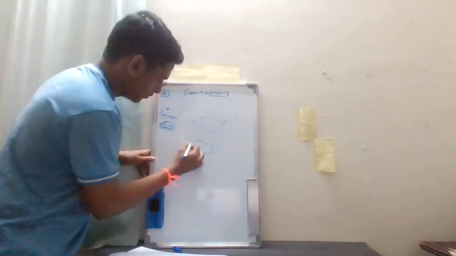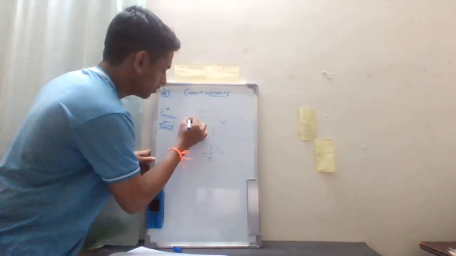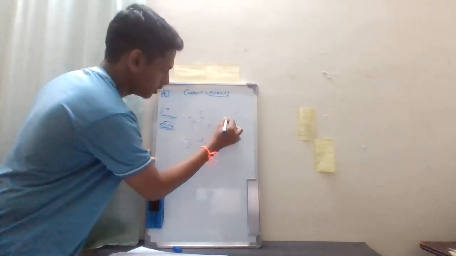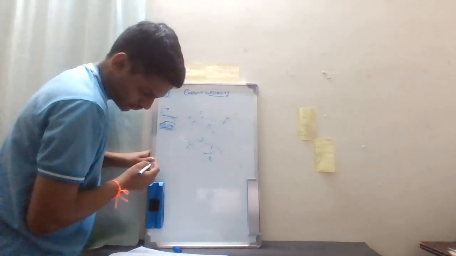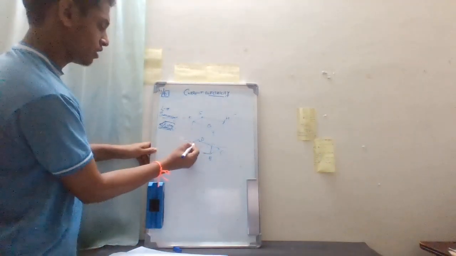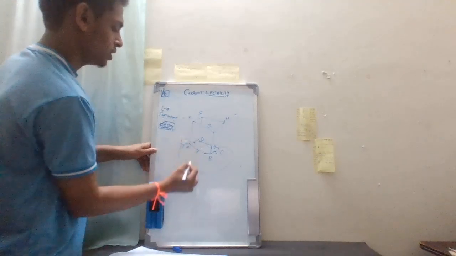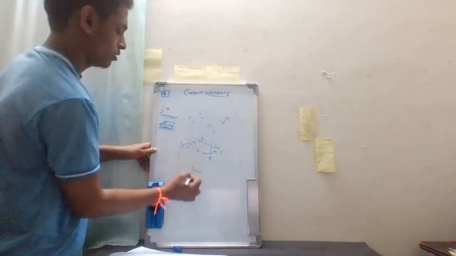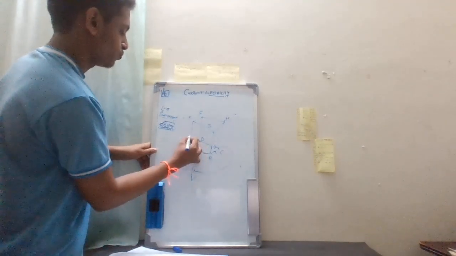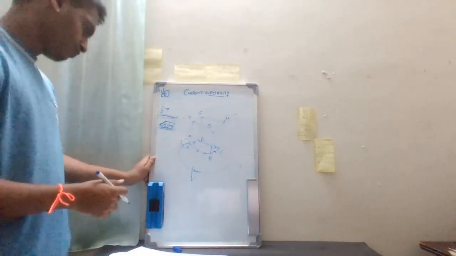A B C D E F G H. A B C D E F G H. But if A and C are connected, then I would do it like this. I incoming. This is V. I by 3, I by 3, I by 3.